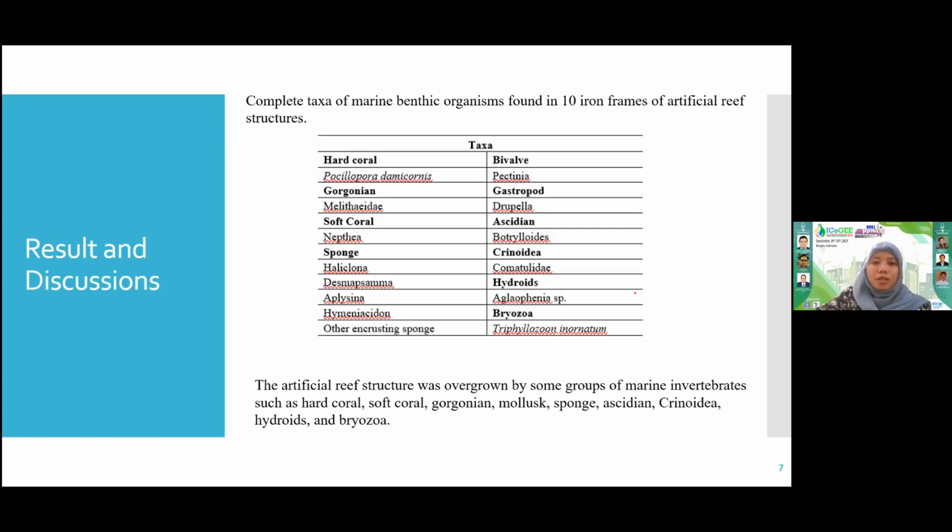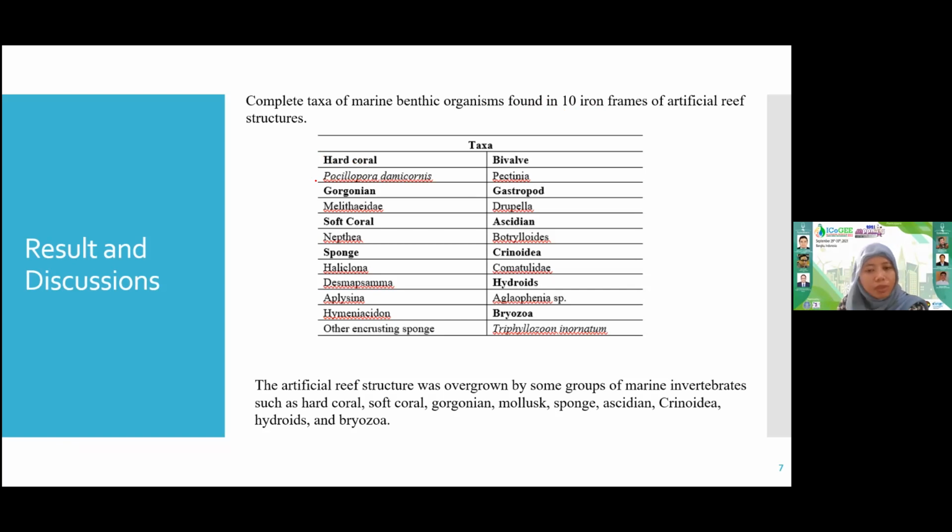And here are the complete taxa of marine benthic organisms found on the 10 iron frames of the artificial reef structure. The hard coral is only Pocillopora damicornis. Gorgonian is Melithaeidae, and the soft coral is only Nephthea.